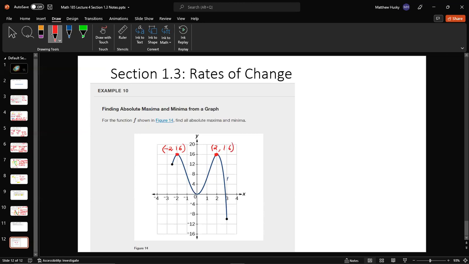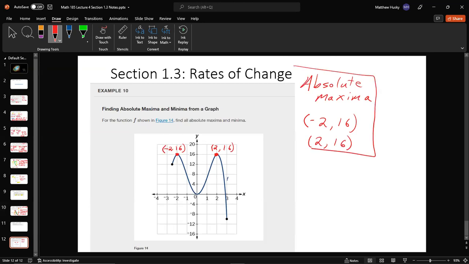Both of those are going to be absolute maxima. There are two of them. There can be more than one. That's okay. That is a thing that can happen. So there are two absolute maxima on this graph. Maxima is the plural of maximum, if you did not know that.